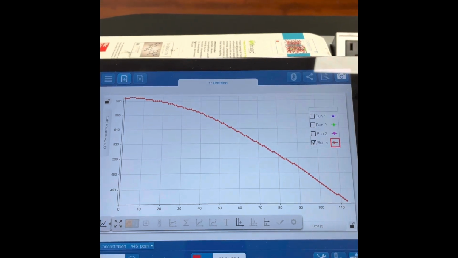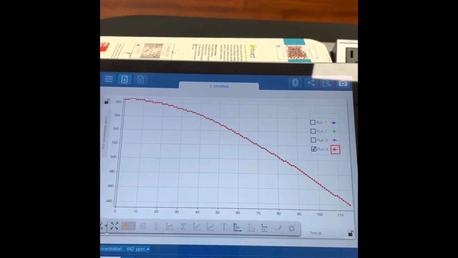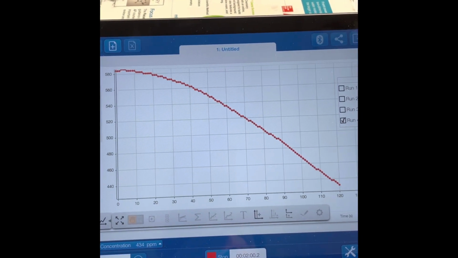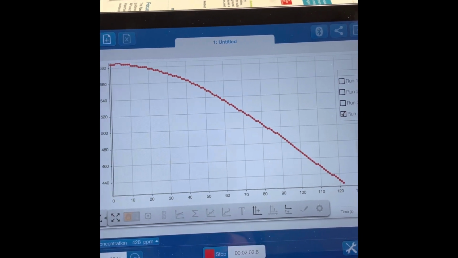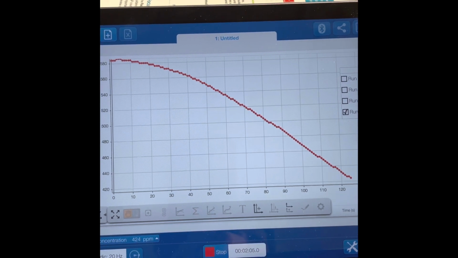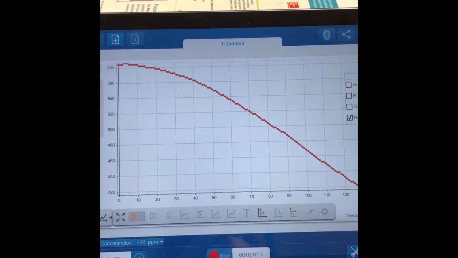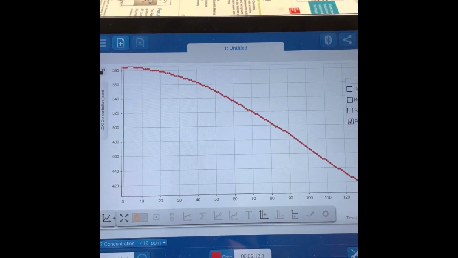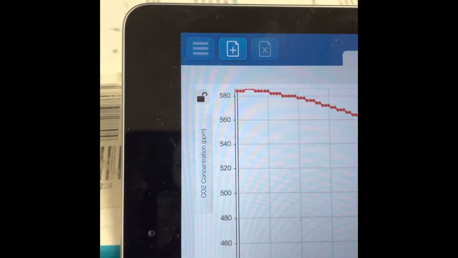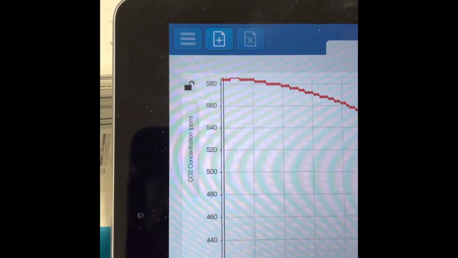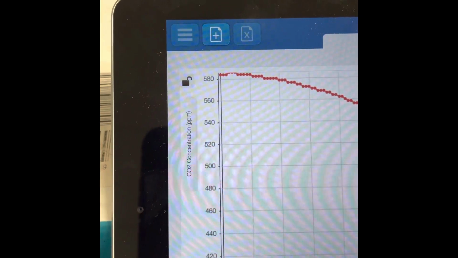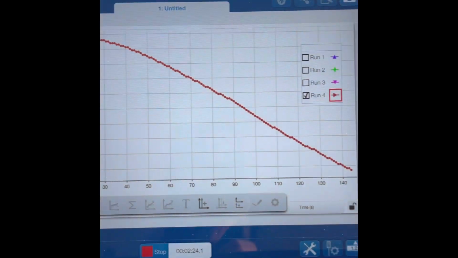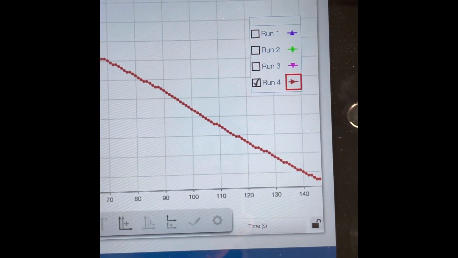Boy, that's a good look at the data there. All right, 120 seconds. So we're at over 2 minutes, and we're still going down. Let's take a look at where we are. We're under 420 ppm, parts per million, and we're at time 140.